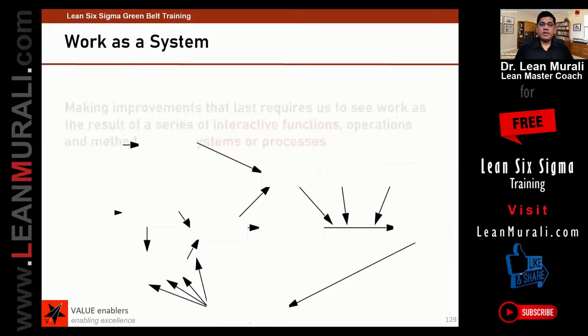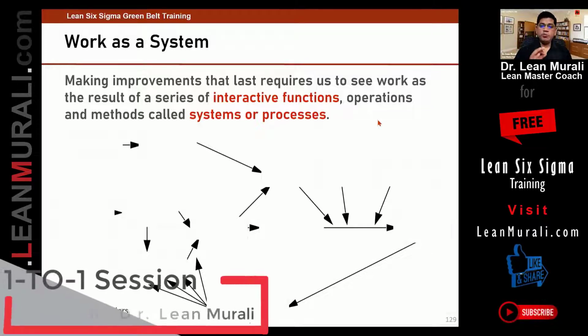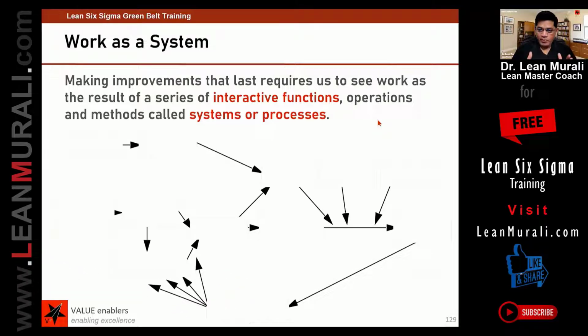The point that I'm trying to make is making improvement that lasts. The improvement must last, right? Because most of the improvement slips back. It requires us to see work as a result of a series of interactive functions. We generally operate as silos.